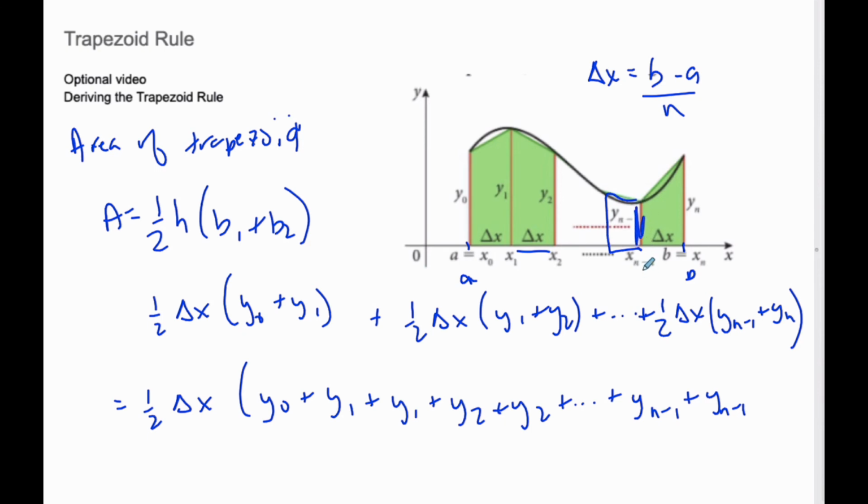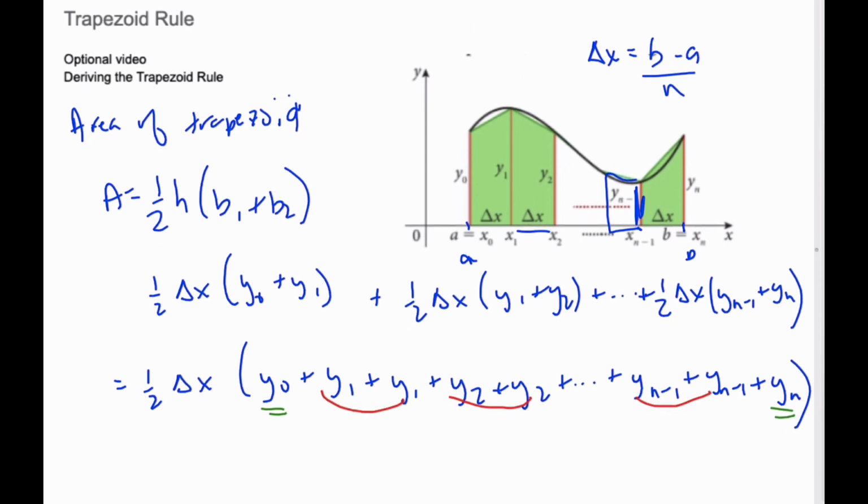This n minus 1 will be used twice, but yn is used once. So here's the key: yn, the last one, and the first one are only counted once, but all the other ones are counted 2 times.